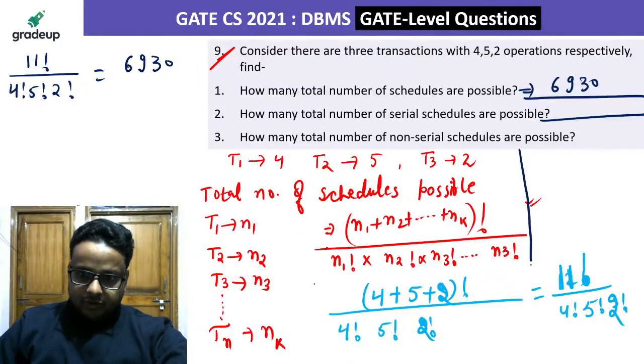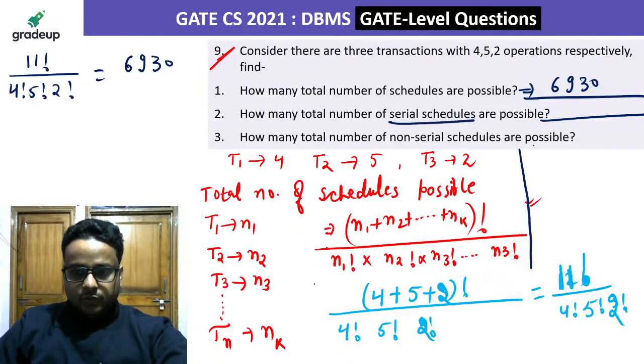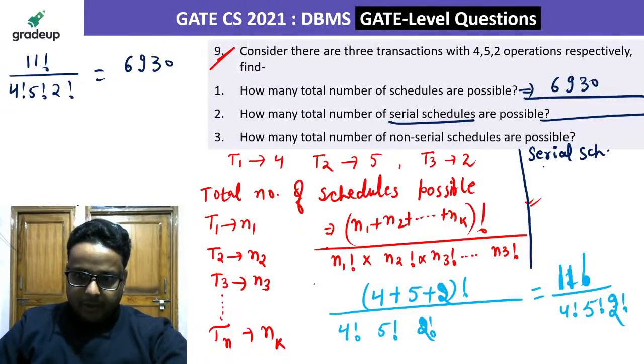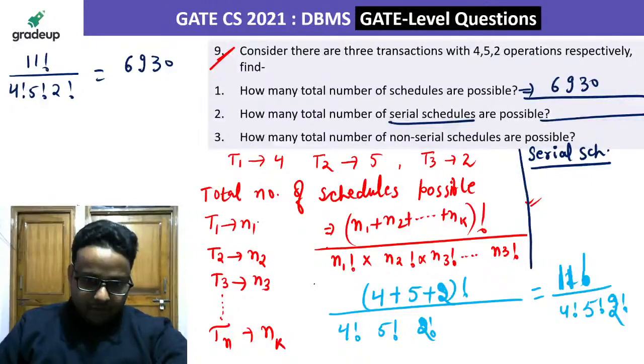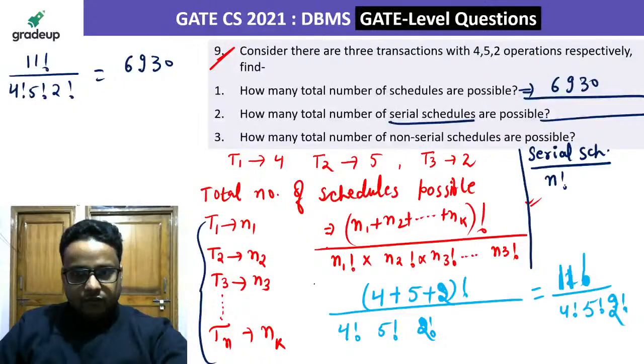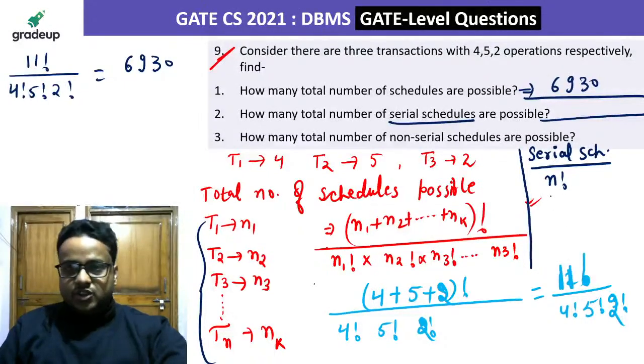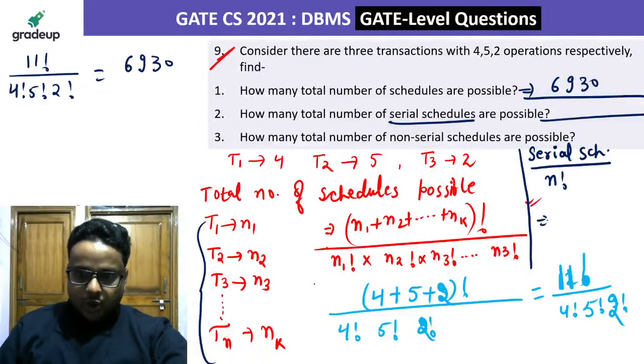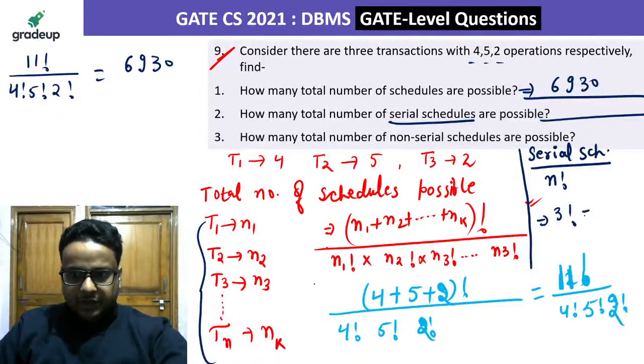Now serial schedules. For serial schedules, if you remember the formula, if we have N transactions, it will be N factorial, the factorial of the number of transactions. How many transactions do we have? 1, 2, 3. So 3 factorial means 6.